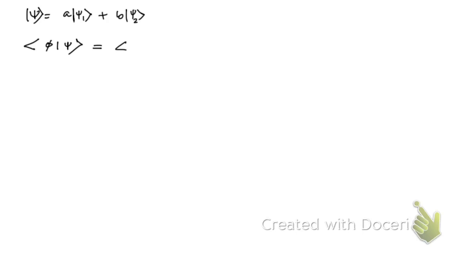Suppose this ket psi is equal to a psi 1 ket plus b psi 2 ket, then it can be written this way, phi, then here we can write this.